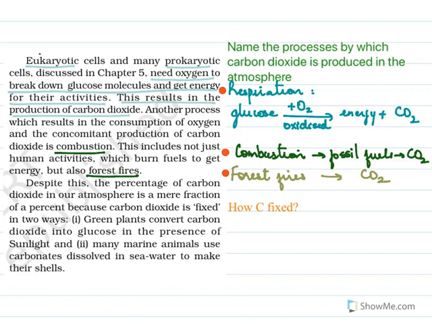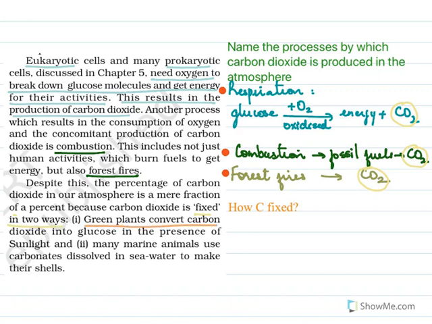Now, all these processes produce carbon dioxide, but the carbon dioxide in the air remains constant. It does not keep increasing, and the reason is here. The percentage of carbon dioxide in the atmosphere is a mere fraction of a percent, because carbon dioxide is fixed in two ways.